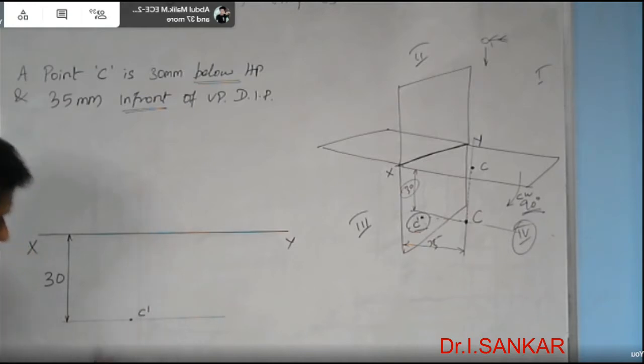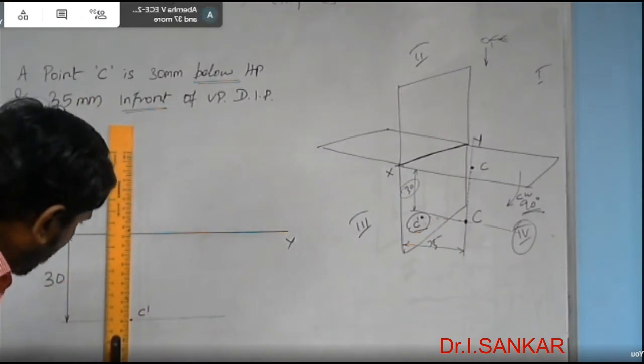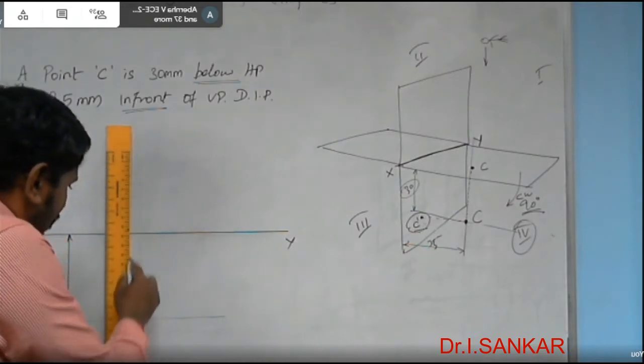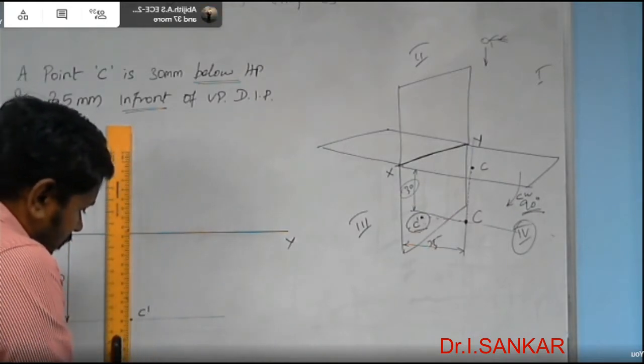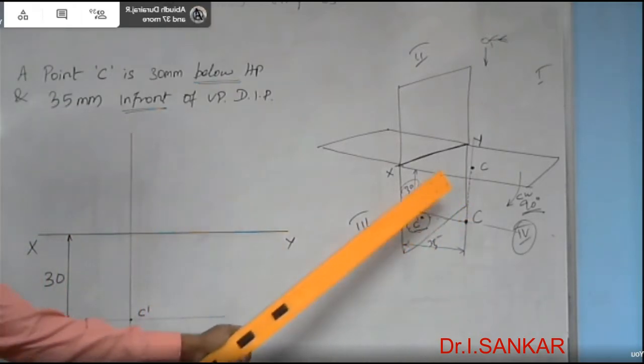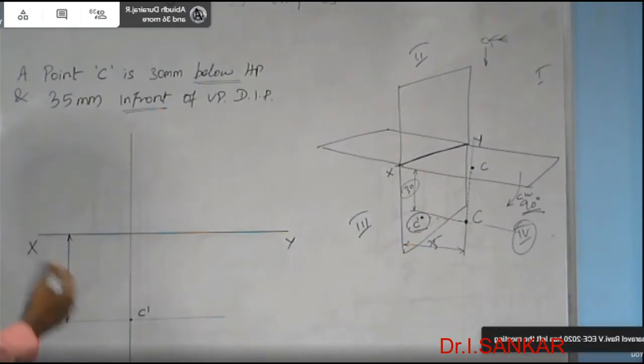It is C dash. Immediately after marking the point and naming it, we have to draw the projector. It is our usual procedure. So I am drawing a projector from C dash towards the top view, front view area. Since the point is located below the horizontal plane, the front view is now obtained below the XY line.